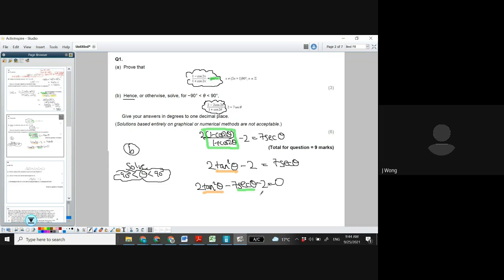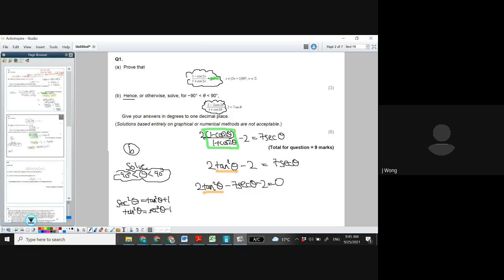So I want everything to be in terms of sec squared, and I can do this precisely if I rewrite tan squared theta using this identity: sec squared theta is tan squared theta plus 1. That's why tan squared theta is sec squared theta minus 1.